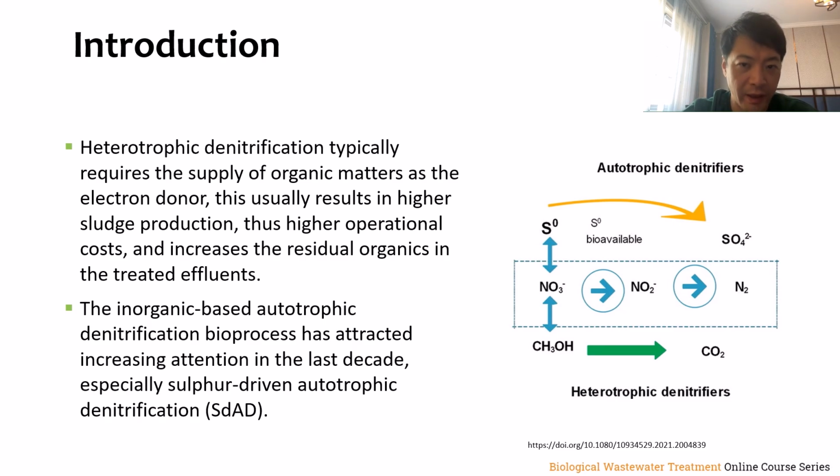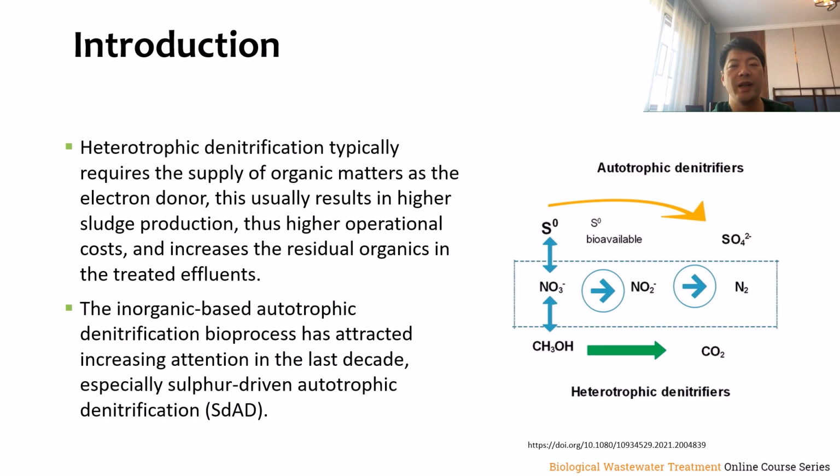It is effective. However, it also has several challenges associated with this conventional method. The use of organic matter leads to higher sludge production compared to other methods. This not only poses a challenge in sludge management, but also increases the operational costs significantly.